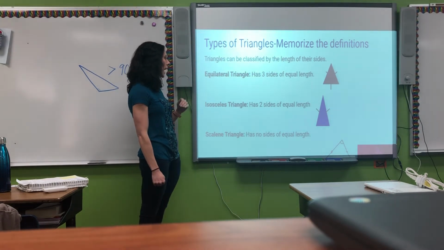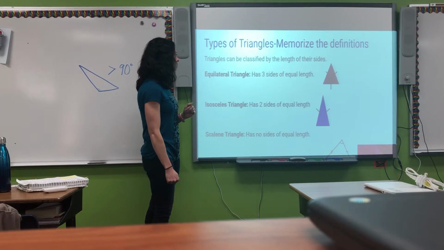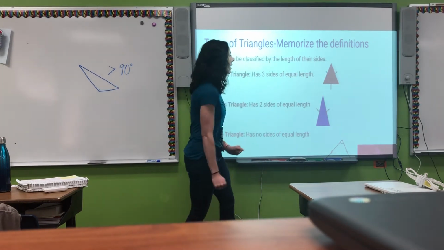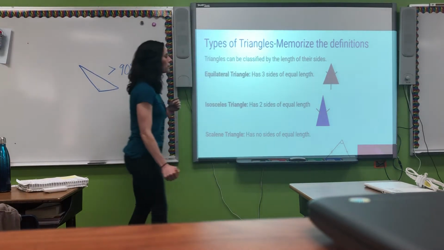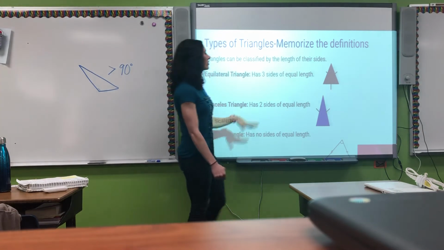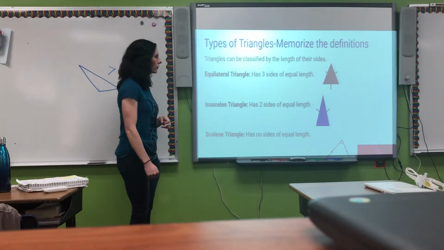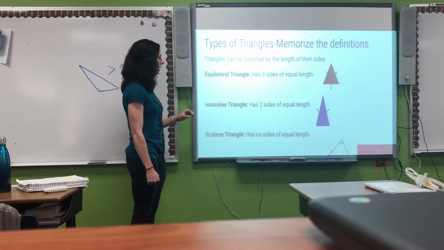So equilateral, kind of like equal, 3 sides of equal length. Now, your book's going to be real nice and give you these little hash marks, and what that's telling you is if there's a hash mark, all the sides with that hash mark are the same length. So equilateral triangles, all 3 sides are the same length.